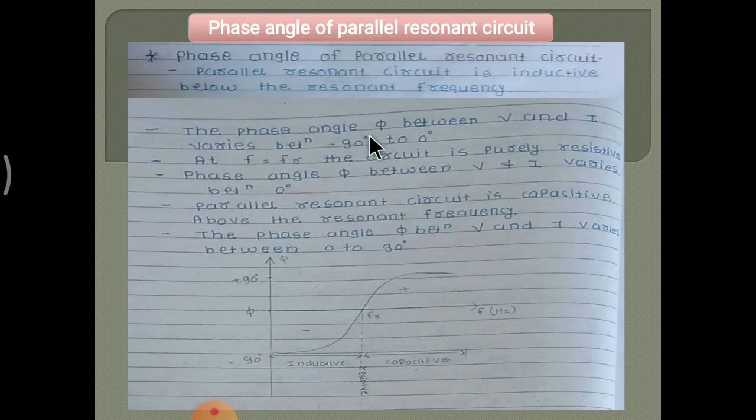The phase angle phi between supply voltage and current, in the phasor diagram, varies between minus 90 degrees and 0 degrees.